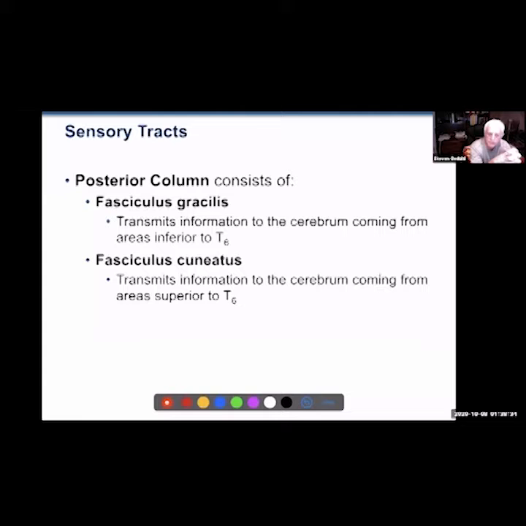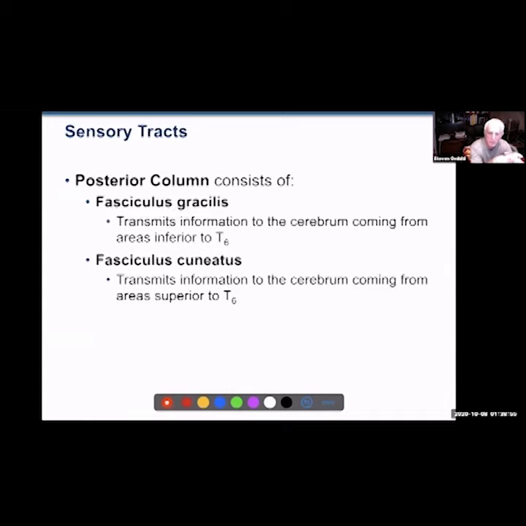So everything below the sixth thoracic vertebra transmits information through the fasciculus gracilis into the cerebrum. The fasciculus cuneatus carries information from everything above the sixth thoracic vertebra into the cerebrum. So that's the two divisions of the posterior columns. The dividing line is T6.